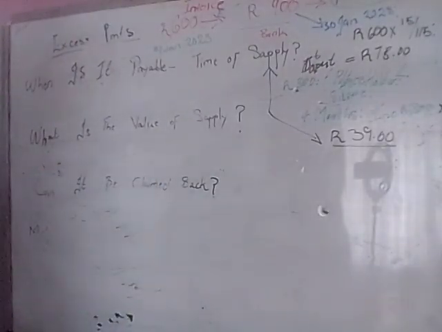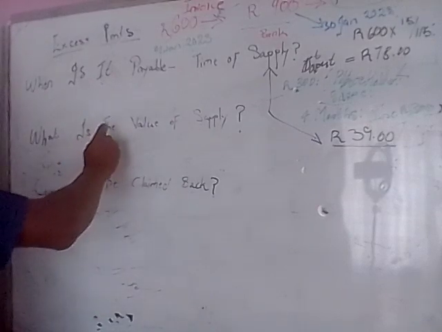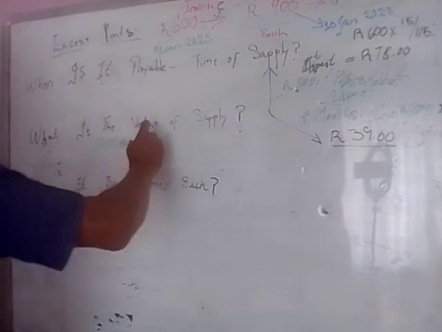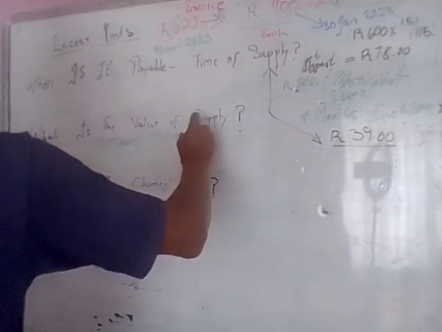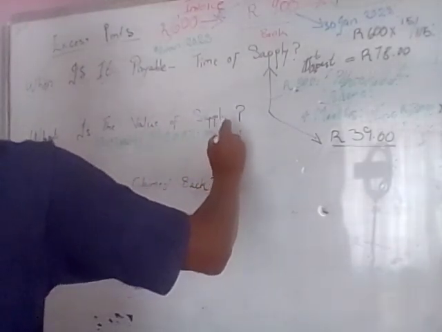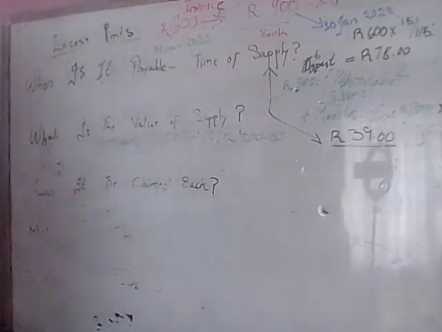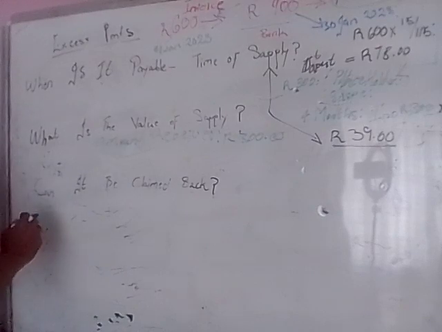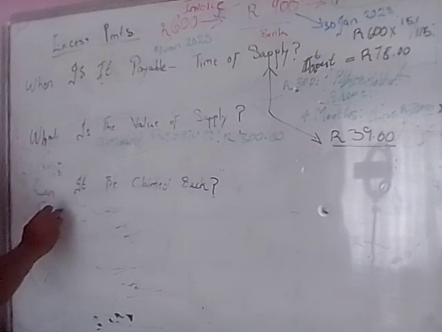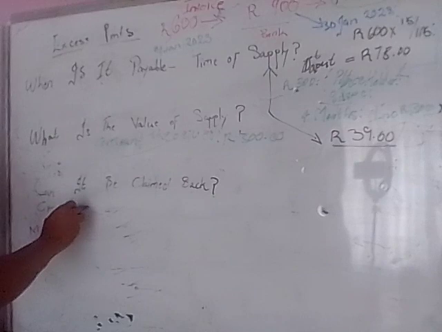What is the value of supply now? It's based on the amount that is received. In this instance, it would be the 300 rands. Right. Can it be claimed back? Yes. If subsequently the actual debtor gets identified and you pay him back his money, then we would credit bank, because money is going out of our account.